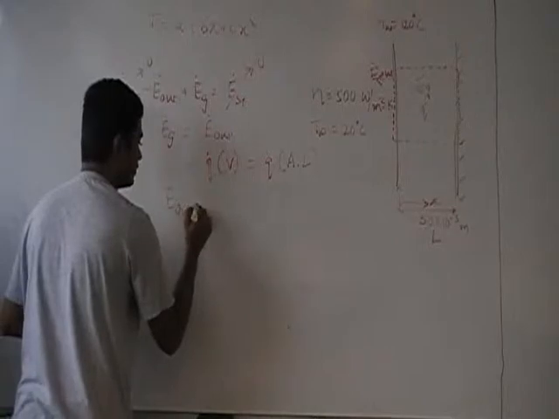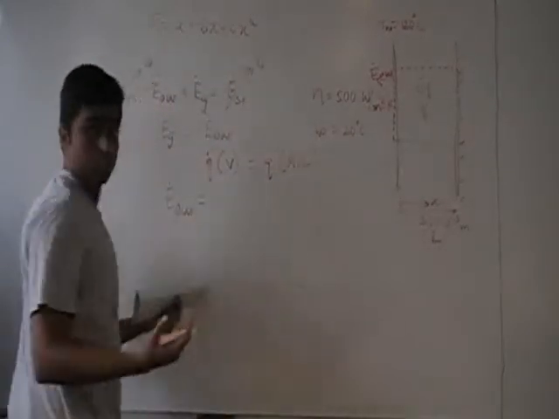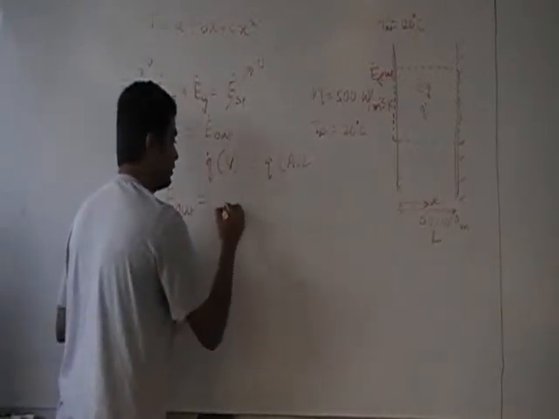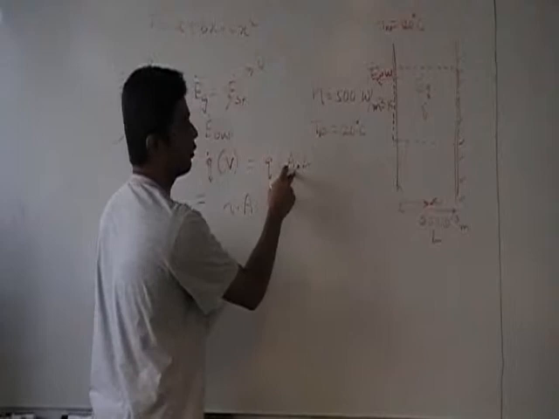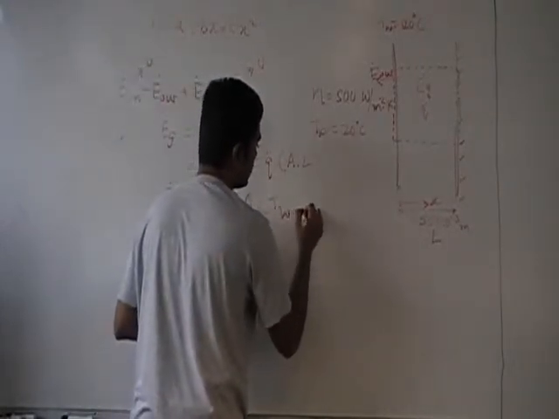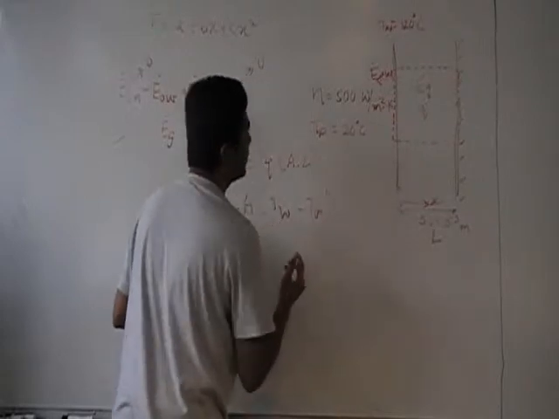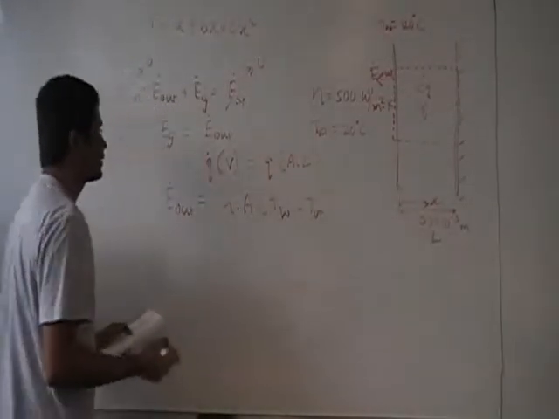The energy leaving the control volume from this surface is because of convection, and so we have a convective heat transfer coefficient h. You have the area of transfer, the same area of heat transfer there, times the difference between the wall temperature and the air temperature on the outside, the surrounding temperature.